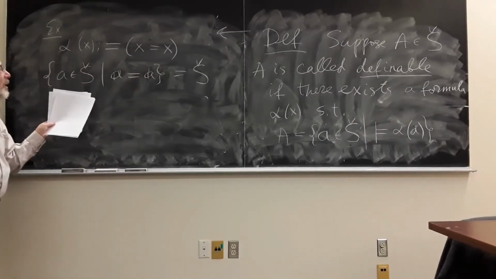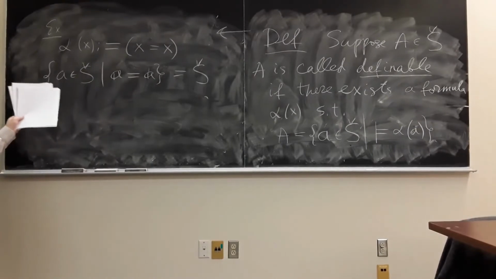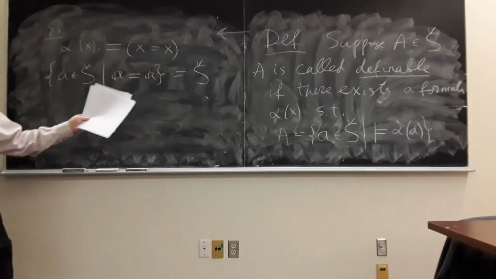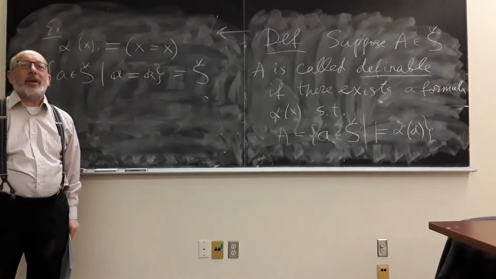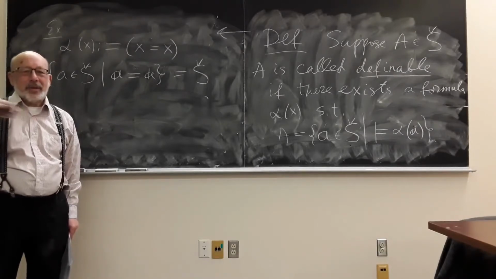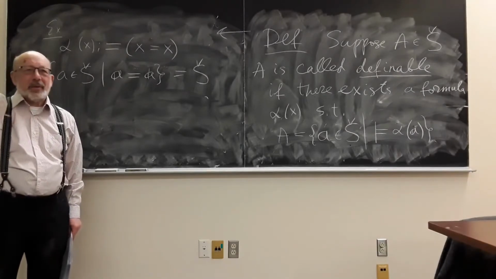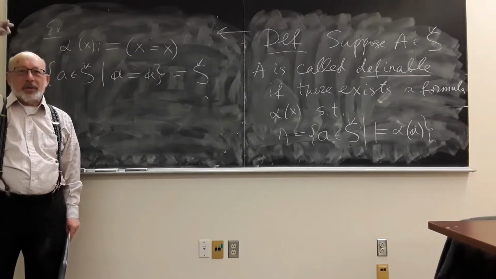So what is wrong with this set? The set is the whole S, but the whole S is not an element of S. So S consists of different floors, different levels. S is the union of all these levels.